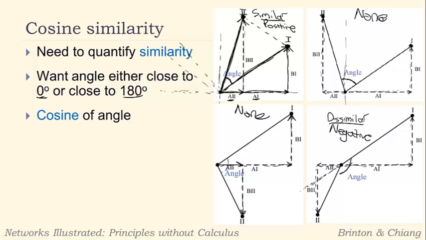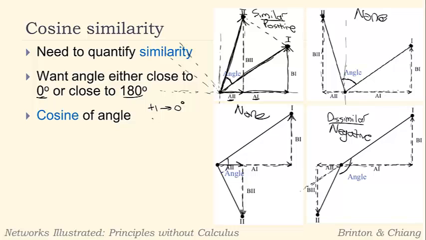Now, the way that we quantify this is by taking the cosine of this angle in here. We don't have to explain geometrically how you get the cosine, we'll just illustrate it intuitively here. The cosine is going to be close to +1 if the angle is close to 0 degrees.